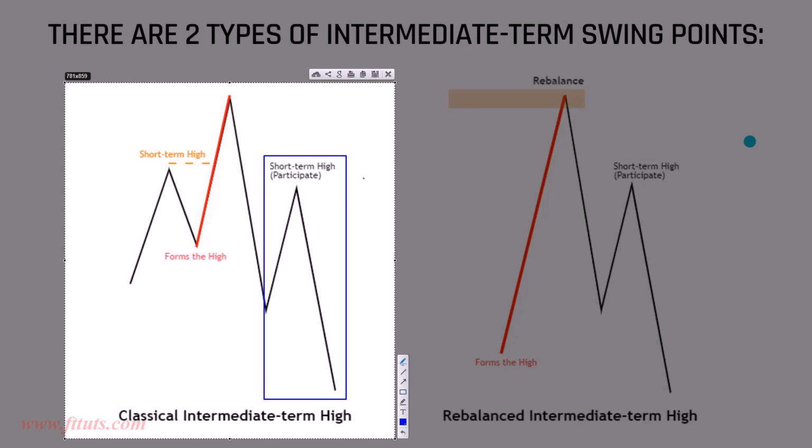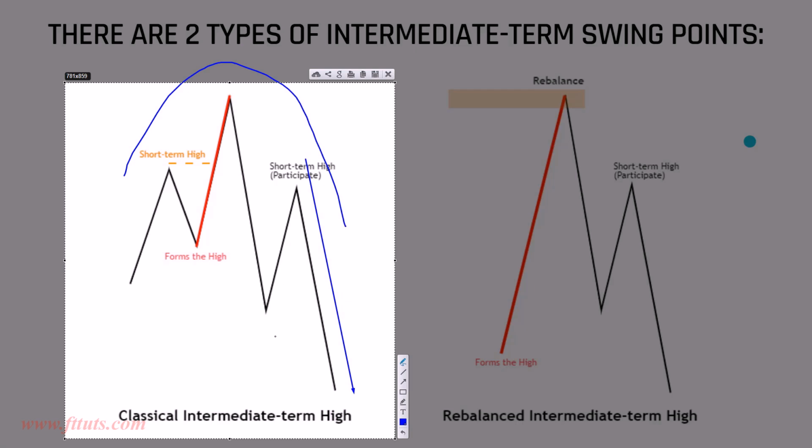You have to anticipate it to be. So you have to say, okay, that's a short-term high, that's a higher high, and that's a market structure break. So I'm expecting this one to be a short-term high, and then once price breaks down lower again, here, that confirms the intermediate term high. Okay, then it starts to fit the whole picture.